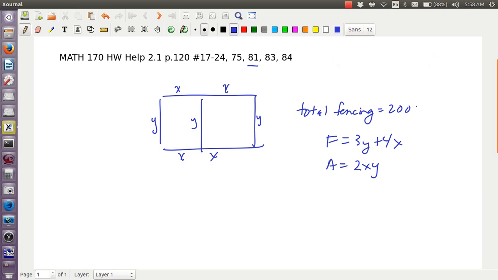Oh yeah, we have to have total fencing as just equal to 200. And so what you do is you're going to say something like 200 is equal to 3y plus 4x. And we want to know all the different possible combinations, not all possible combinations, but maybe x's 10, 20, 30, things that make sense. And then you're going to try to estimate what the area is. So they really want you to do this hands-on thing.